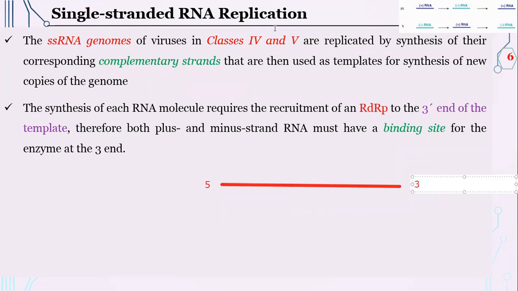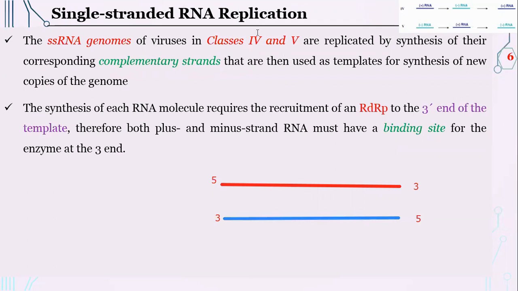and the other strand is, again, the other strand will be like this: this will be 3 and this will be 5.